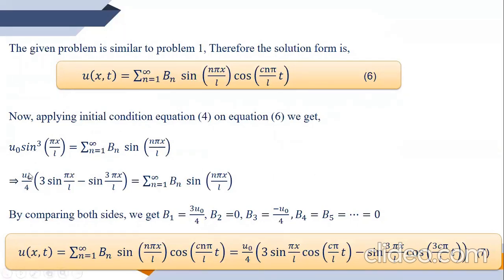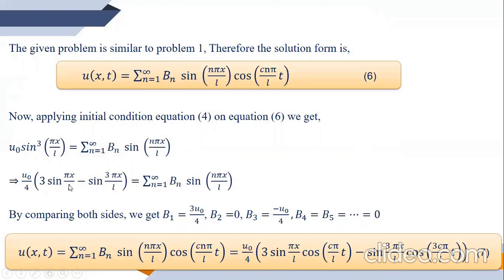So first we expand sin cube(pi x by L) as u0 by 4 into 3 sin(pi x by L) minus sin(3 pi x by L), because we know that sin cube x is 1 by 4 into 3 sin x minus sin 3x. So using this formula we write this form, and in the right hand side we expand n is 1, n is 2, n is 3 and so on. So n is 1 to infinity bn sin(n pi x by L).